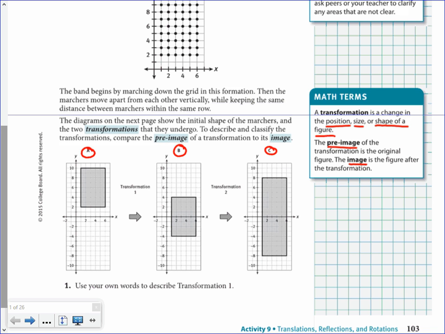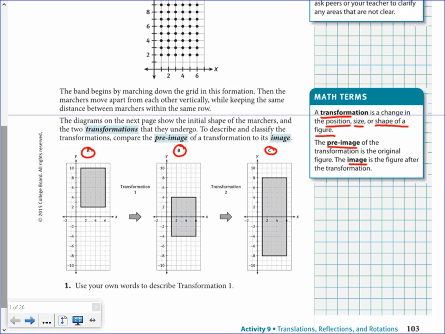I do want to point out the word transformation has the word transform as part of the word. That's a synonym for change. So when we are making a transformation, we are transforming our figure. We are changing it in some way.